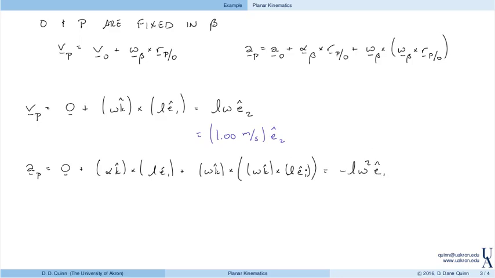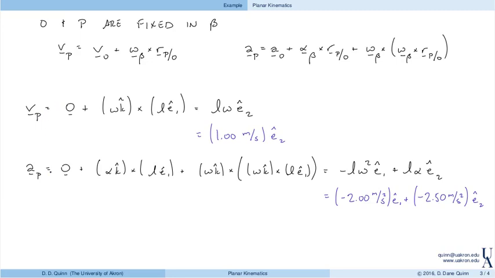K cross E1 is E2, and then K cross E2 here is minus E1, plus L alpha E2. K cross E1 is E2. So again, using the numerical values that we were given, this becomes minus 2 meters per second squared in the E1 direction plus minus 2.5 meters per second squared in the E2 direction.